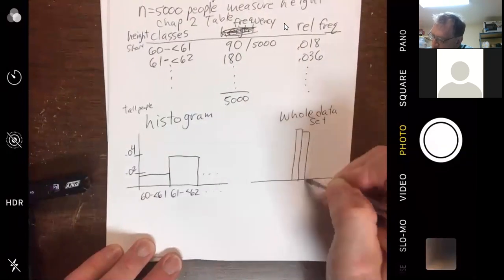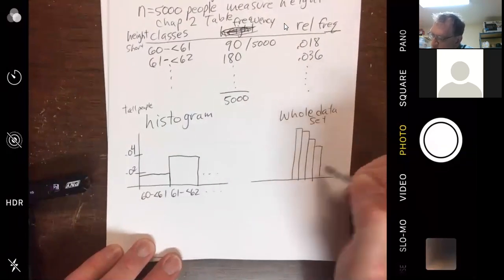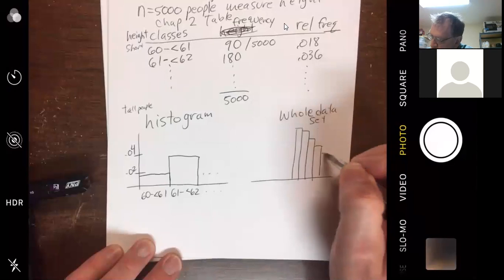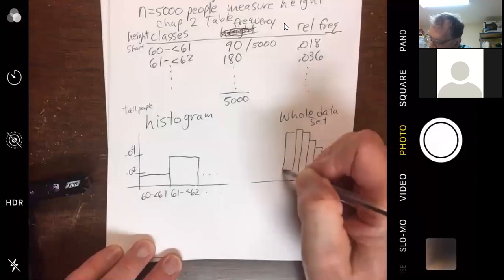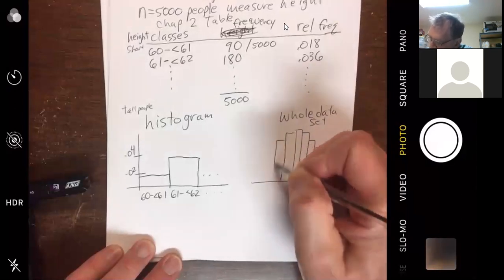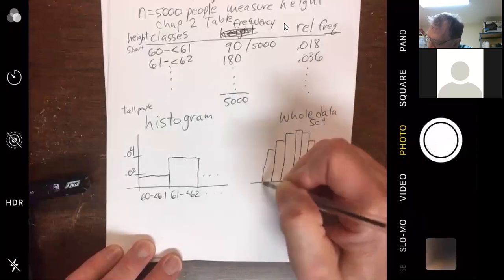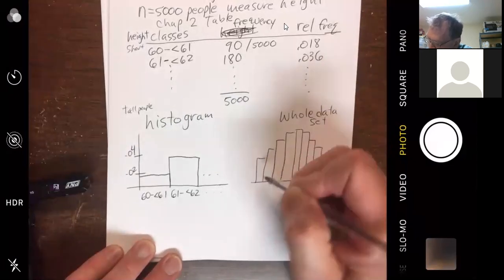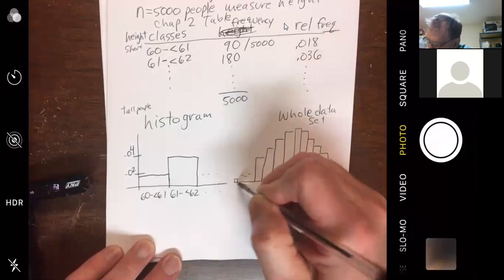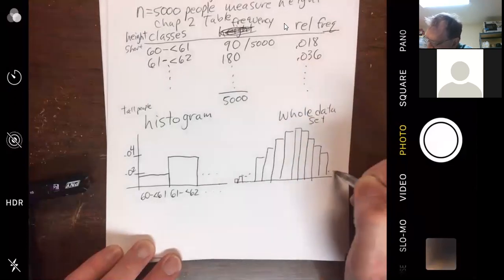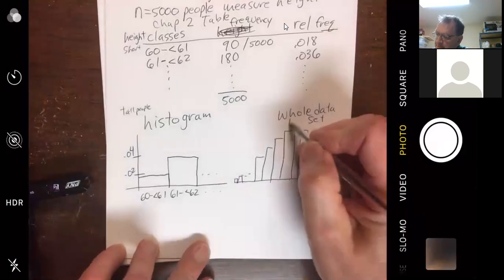That means there's just as many tall people in the world, super tall people, as there are super short people. So it looks basically symmetric, and over here you have really tall people. Okay, something like this. This is height.